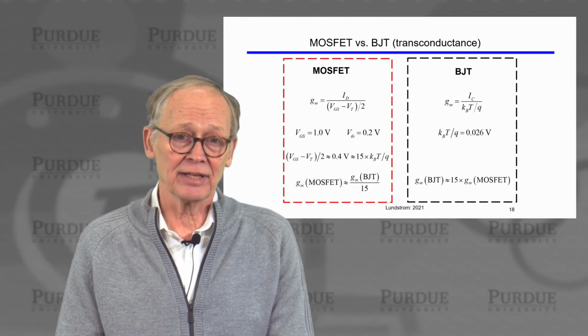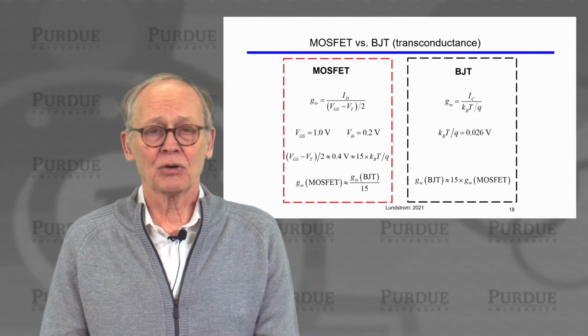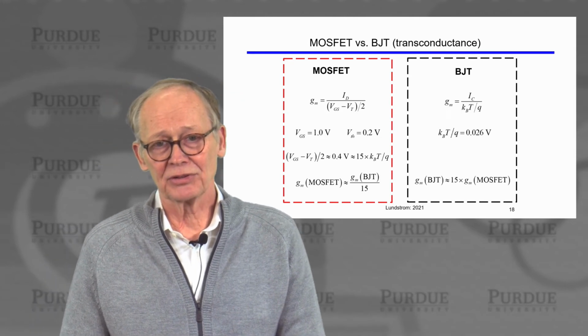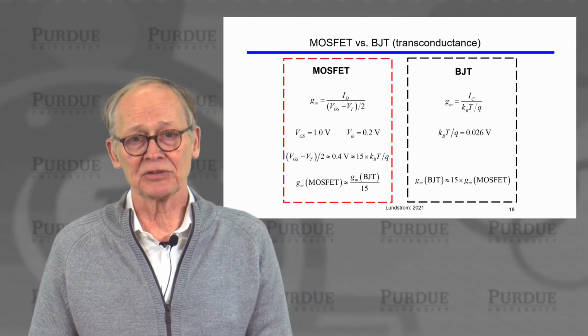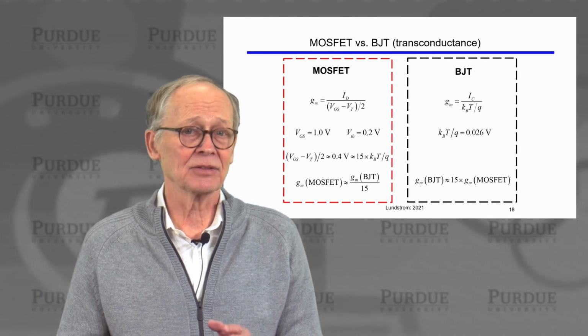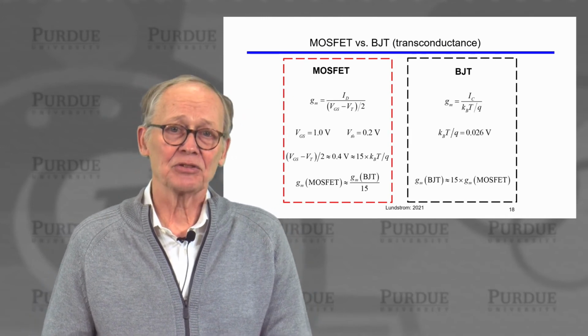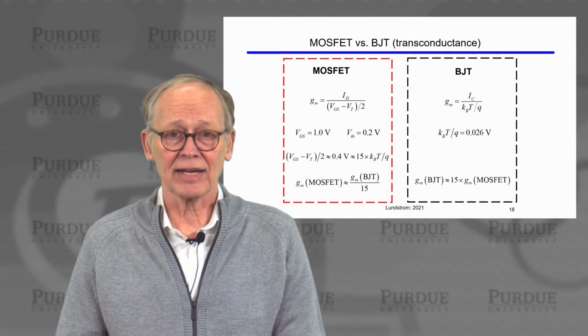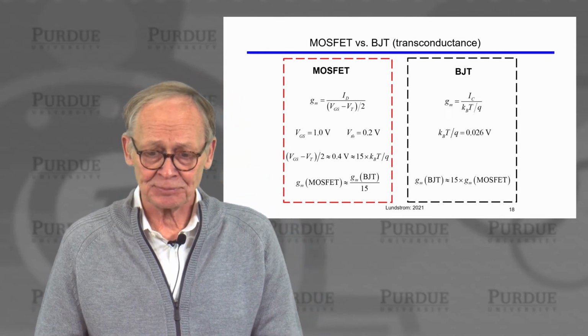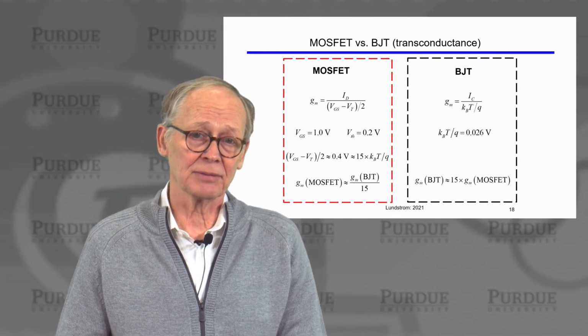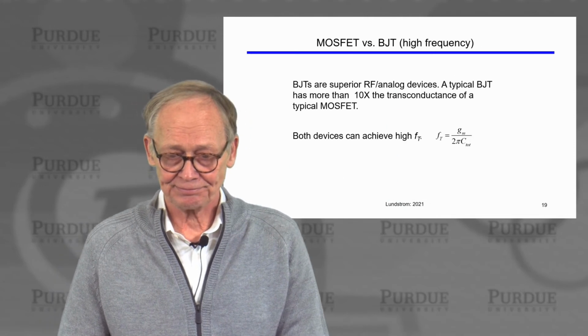Or the bipolar's gm is 15 times larger. So, bottom line, bipolar transistors have a significantly larger transconductance, an order of magnitude or more. That's extremely useful for RF applications, analog applications. And in those applications, you'll see bipolar transistors used.